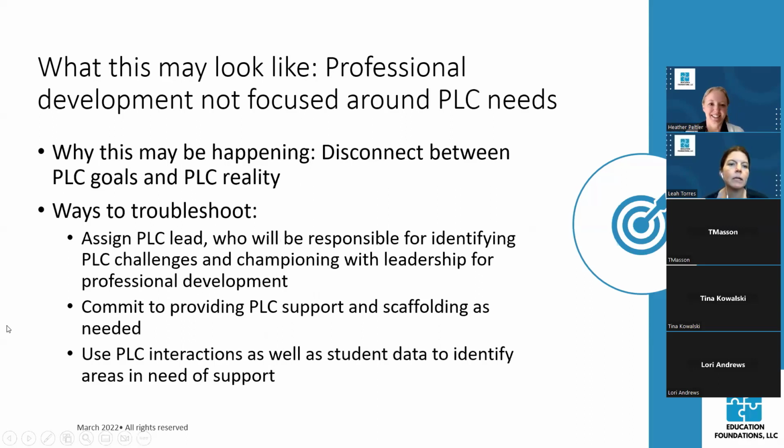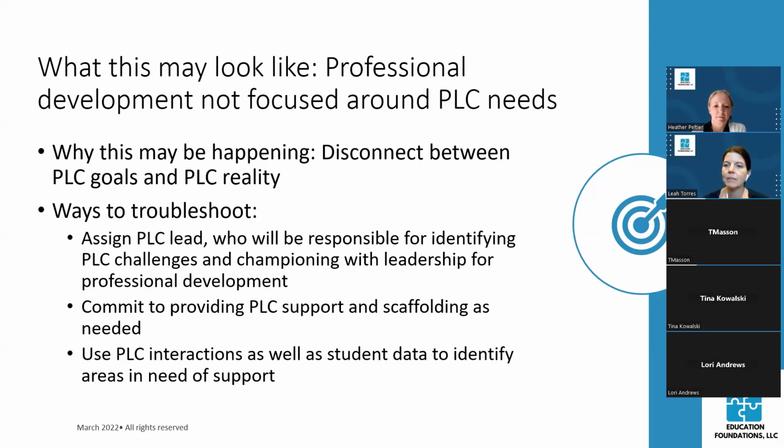And so this one is about professional development: what is happening in professional development, what does the PLC actually look like, and what is the expectation for the PLC? Because if teachers are not getting the right professional development or not having the right conversations in that professional development, it will really be a disconnect.